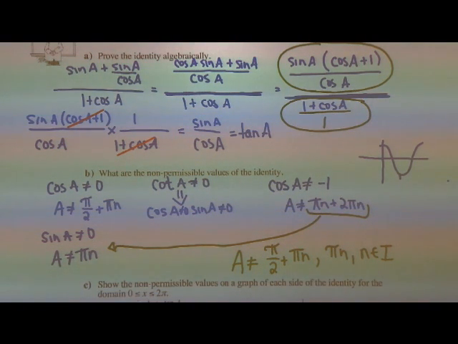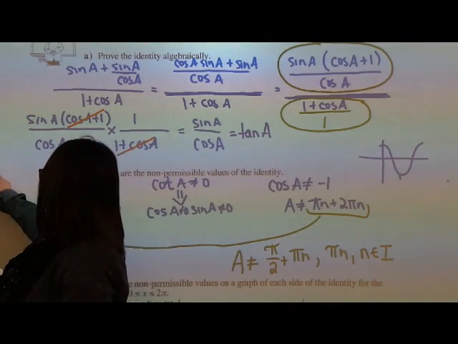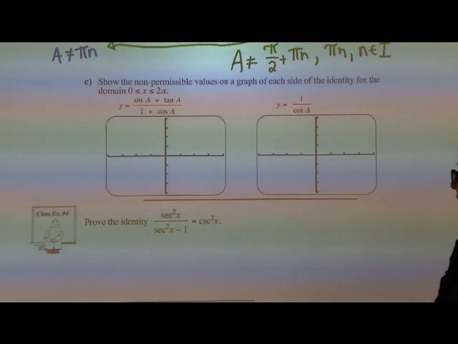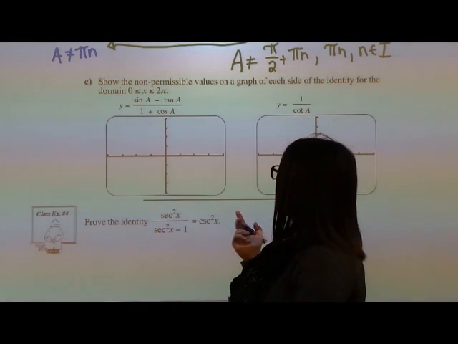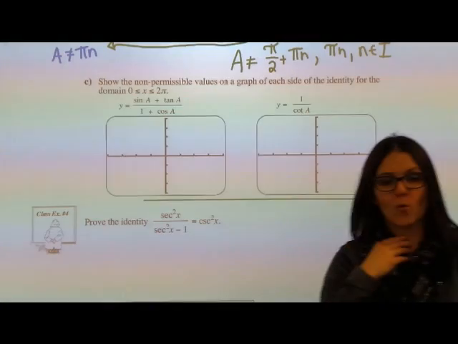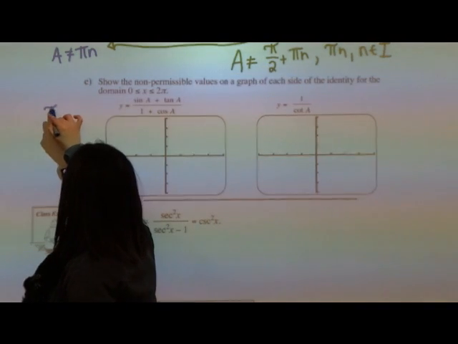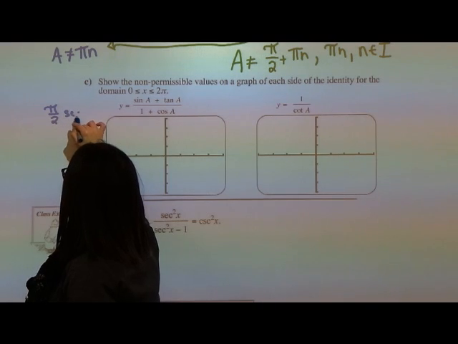Part C says show the non-permissible values on a graph of each side of the identity for the domain from 0 to 2 pi. So if I was to graph this, what would my graph look like? Take a moment and try graphing this. Your non-permissible values are happening at pi. For my window settings, use pi over 2 for your x scale.